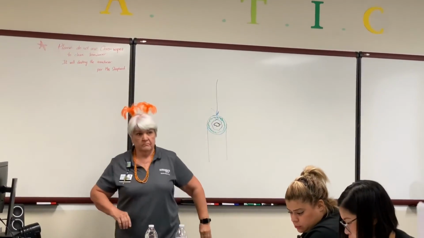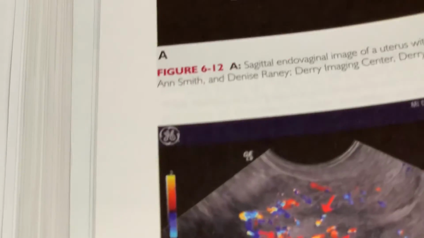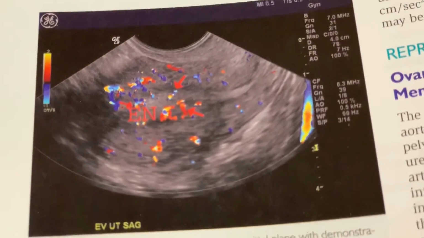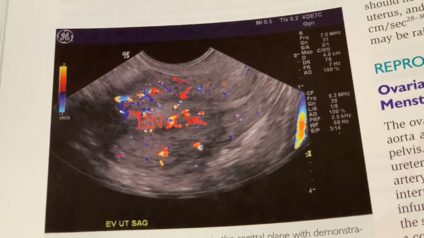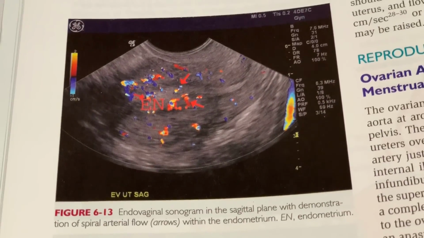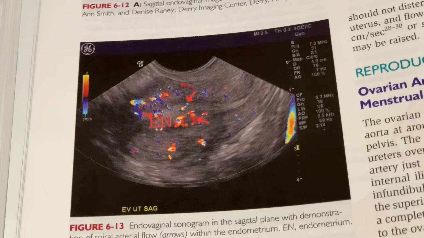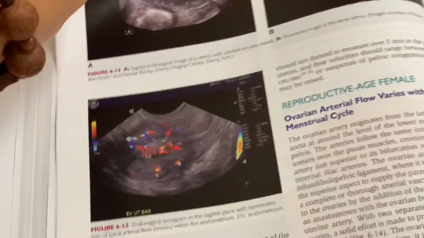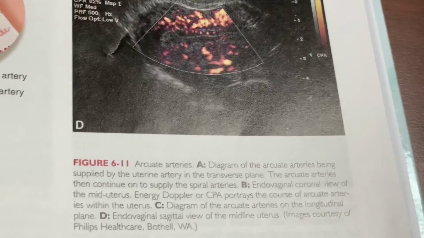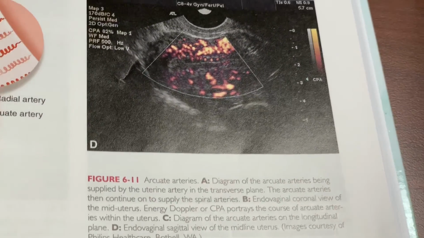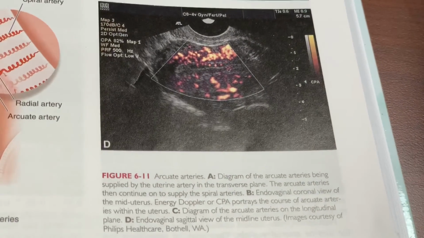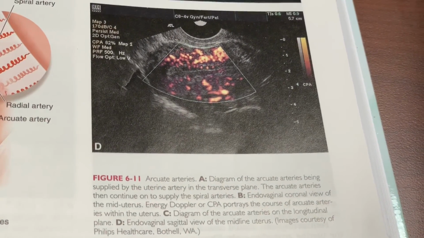So B would be the straight one? No, that's just pointing to the endometrium. So the only one that's pointing to arteries is A. A is the myometrium, those are the radial arteries.